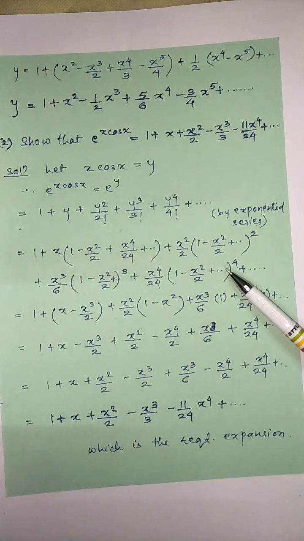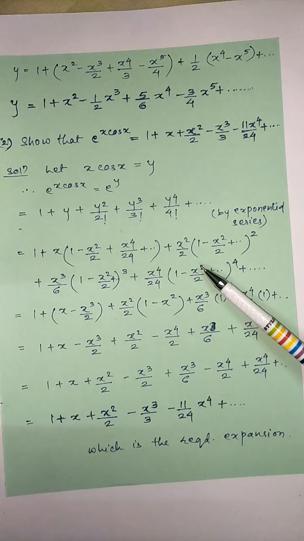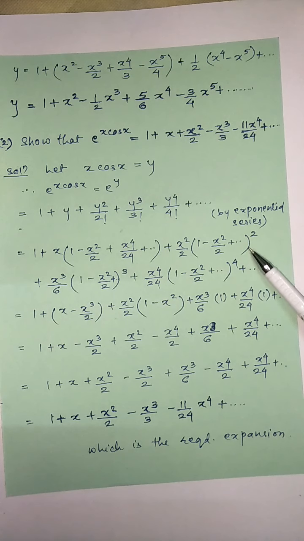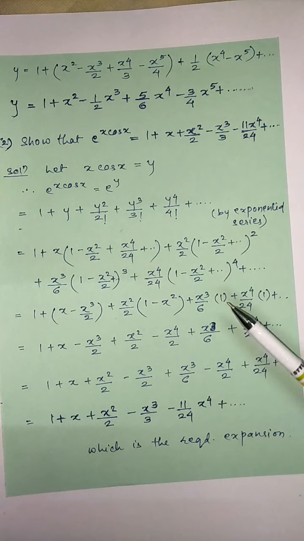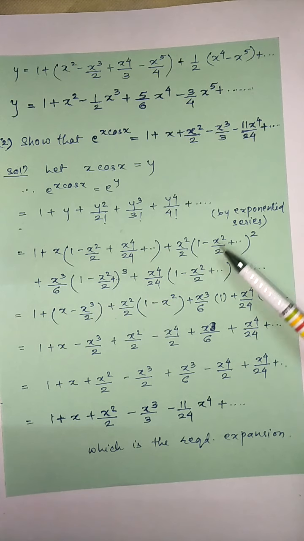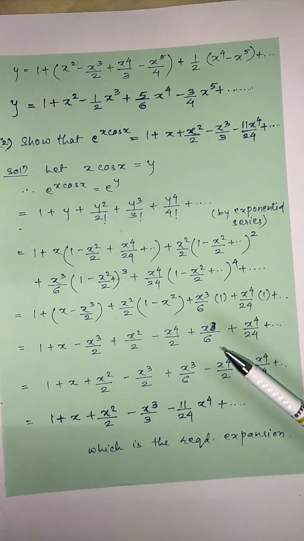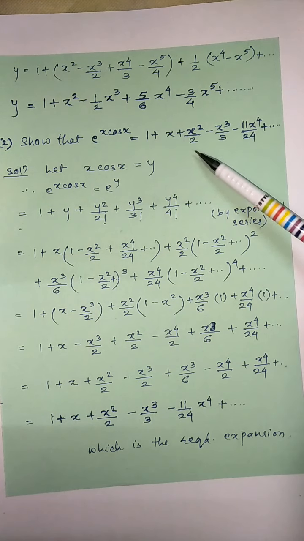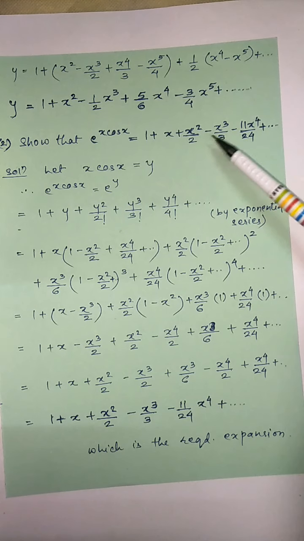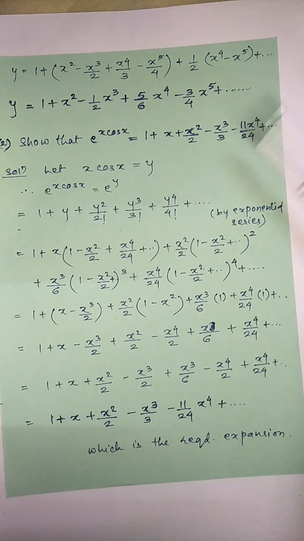Now you can see in this step, we have taken the terms here. For now here it is bracket raised to 2, bracket raised to 3 and bracket raised to 4. We have taken terms only up to x square. We have not taken the terms beyond that, because what has been asked to show is the expression containing terms up to x raised to 4.